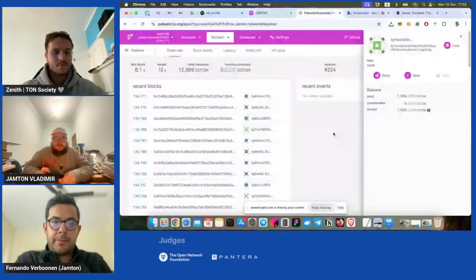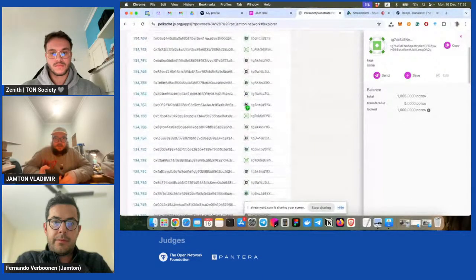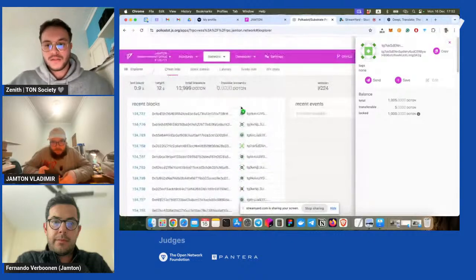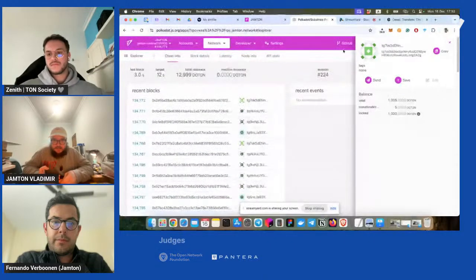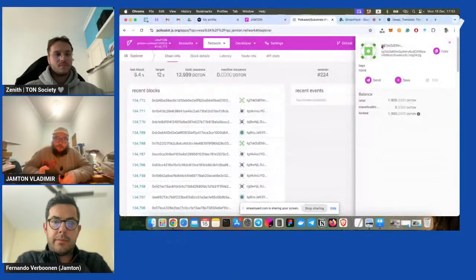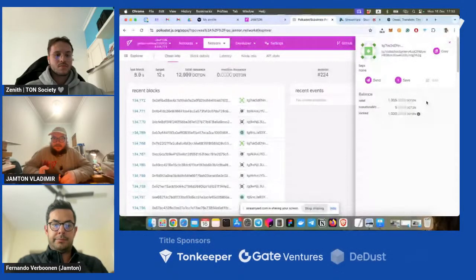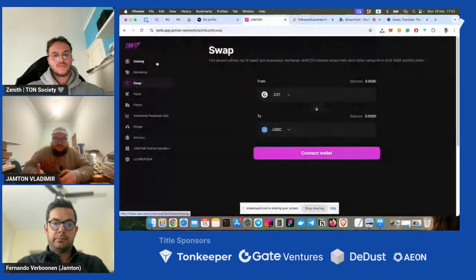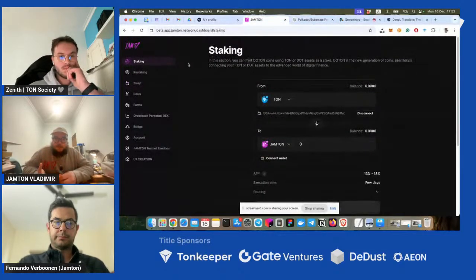Okay, so now on the screen you see our mainnet, a public relay chain in the Polkadot ecosystem. All addresses, as you can see, start with TG, so we put this prefix in our address system, and everyone using Polkadot can see the TG. This is our mini app.